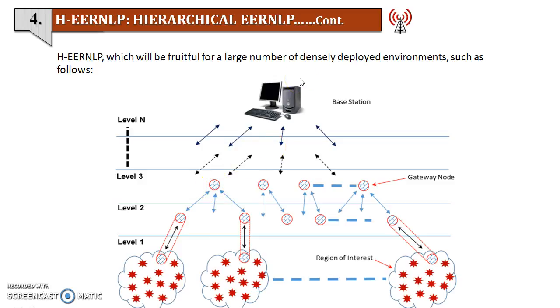The base station resolves the path and sends it back to the sensor nodes, that is through n-1, n-2, 3, 2 and 1. These are the regions of interest. This is the gateway. All sensor nodes are connected to the gateway, and the gateway is indirectly connected to the base station.